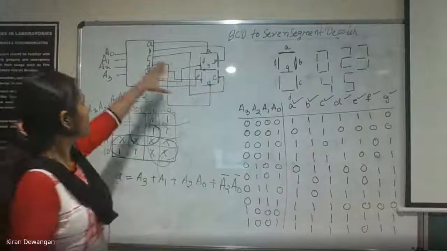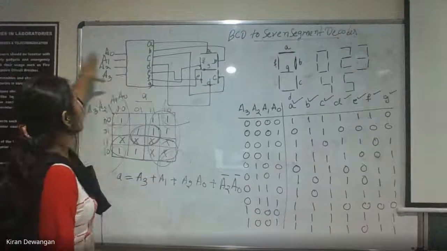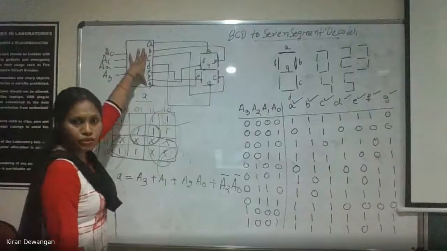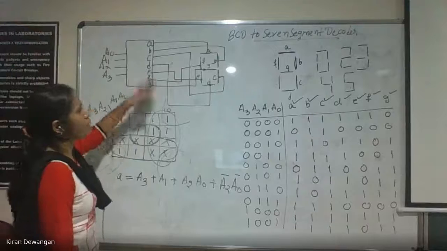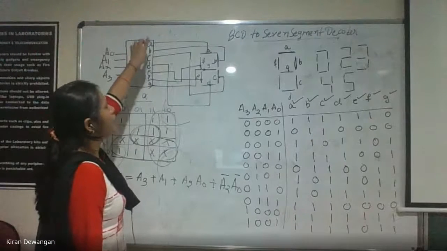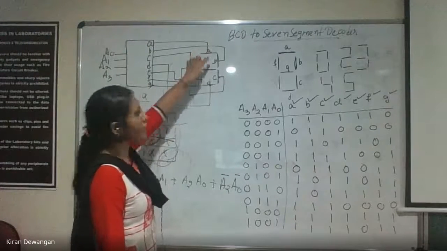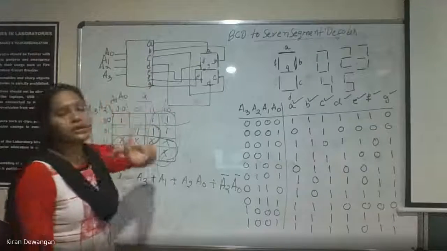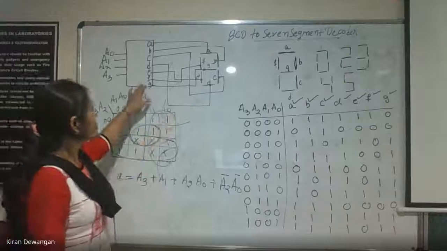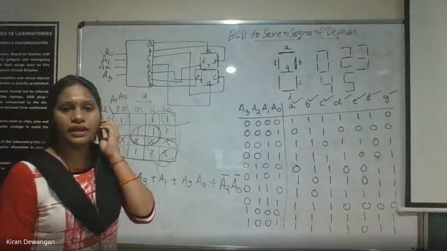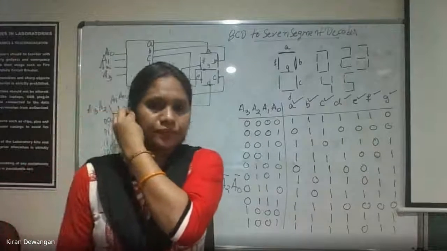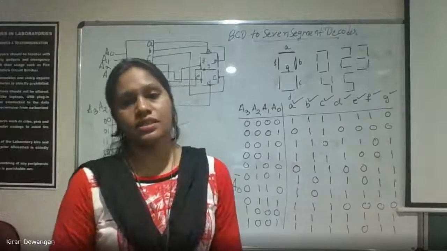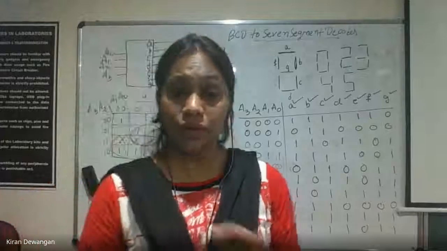So finally, you will design this: 4 input combinations, 7 output combinations. A is connected to segment A, B is connected to segment B, and accordingly all the segments are connected. That is, G output is connected to segment G. That's it. Similarly, in B also don't cares will be used, in all of them don't cares will be used.